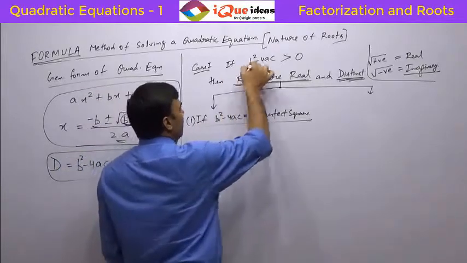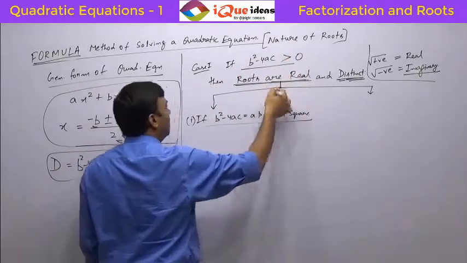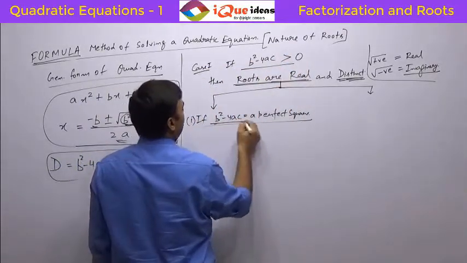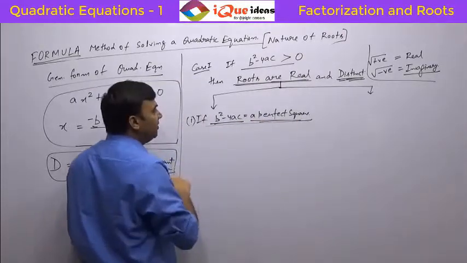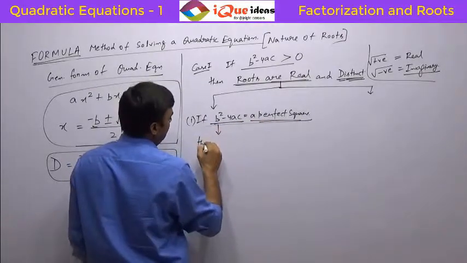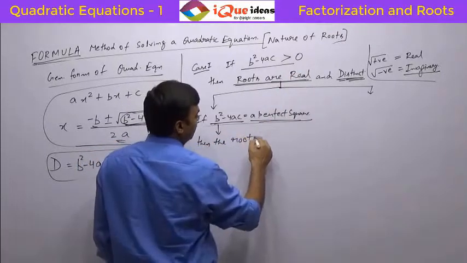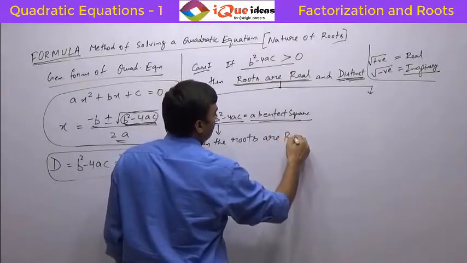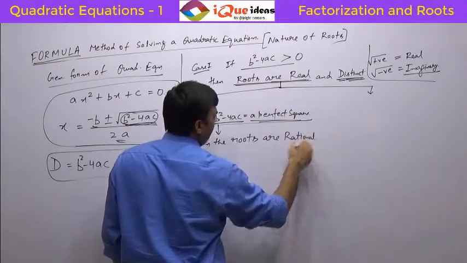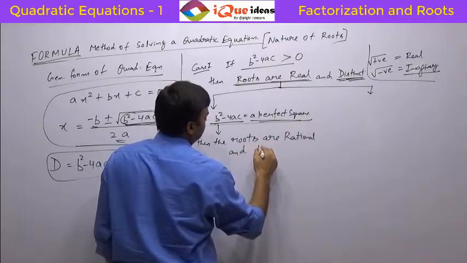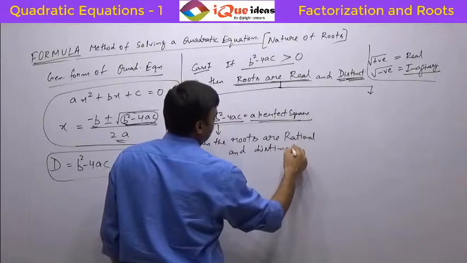So b square minus 4ac is already greater than 0. Within this, if b square minus 4ac is a perfect square, then the roots, which are anyways already real, are rational and distinct.